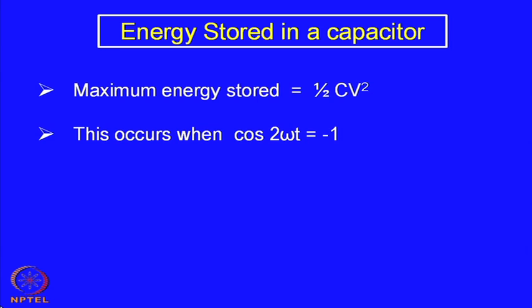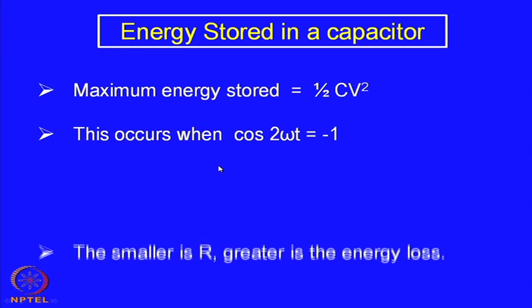This stored energy of course is dependent on frequency. It is not the same at all frequencies. So, depending on the frequency, the amount of stored energy will vary, and the maximum energy is stored when cos 2 omega t equals minus 1. So, it is frequency dependent as well. That is also another important aspect one must remember.